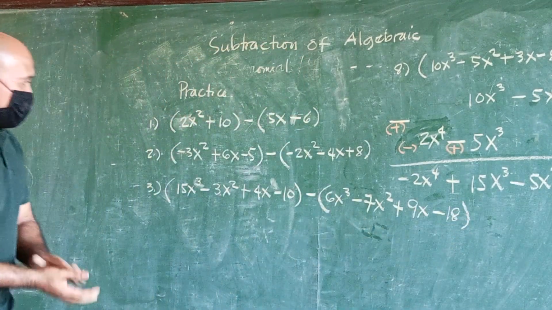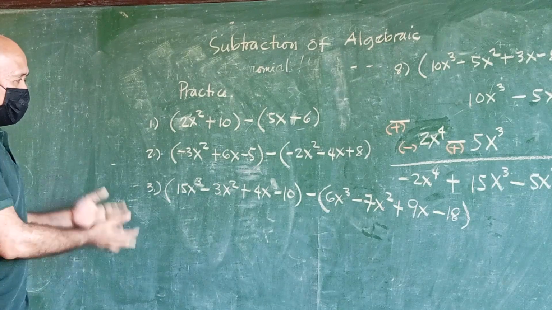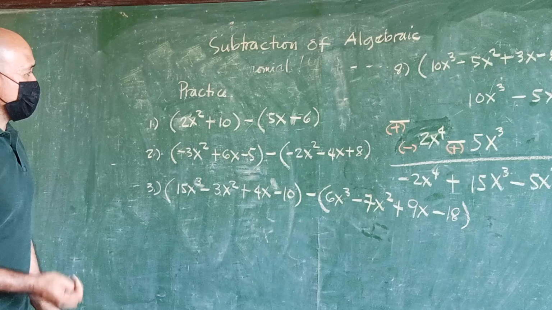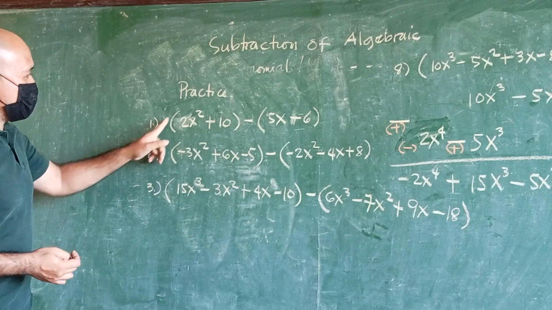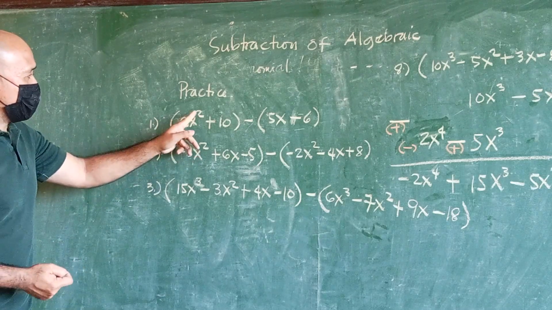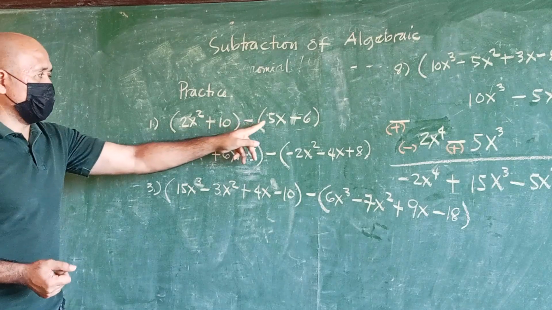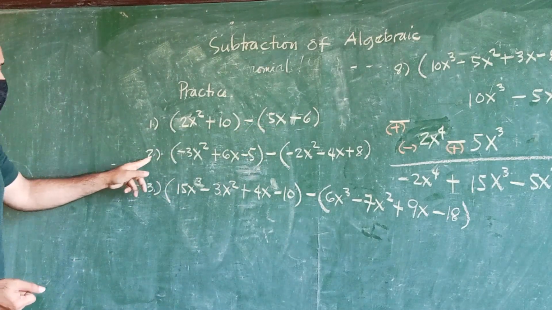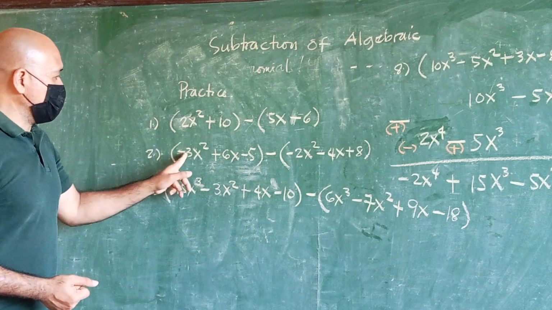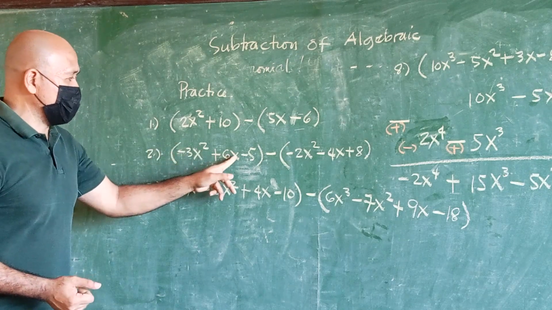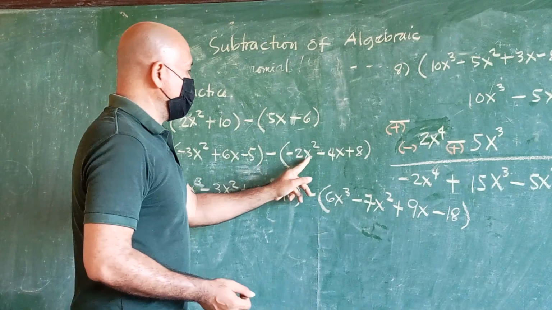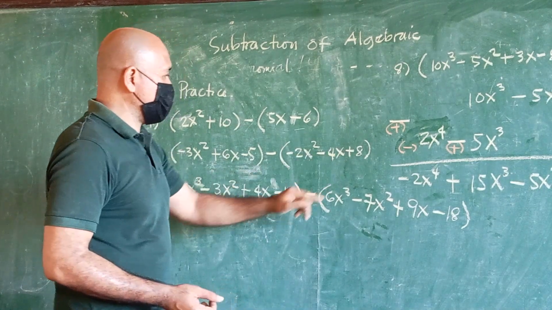Okay, so there are three given different algebraic expressions here for you to subtract. So the first one is the quantity of 2x squared plus 10 minus the quantity of 5x minus 6. The second is the quantity of negative 3x squared plus 6x minus 5 minus the quantity of negative 2x squared minus 4x plus 8.